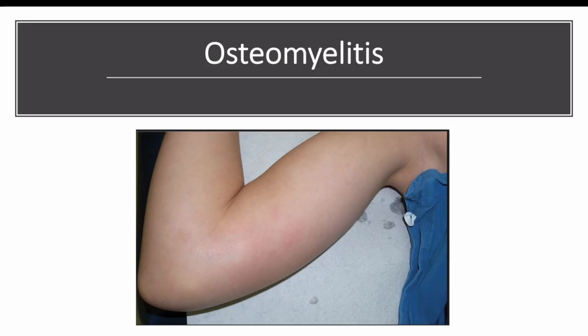Also, the sign that distinguishes osteomyelitis from others like cellulitis is significant focal bony tenderness. In cellulitis, you will have diffuse pain. With osteomyelitis, the patient will focus on one point.